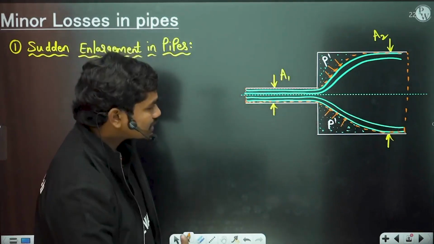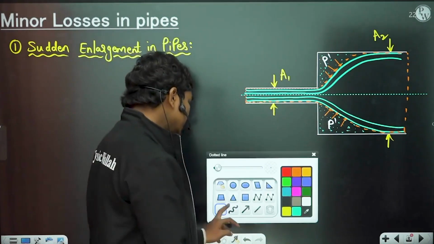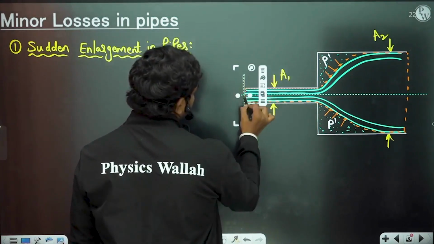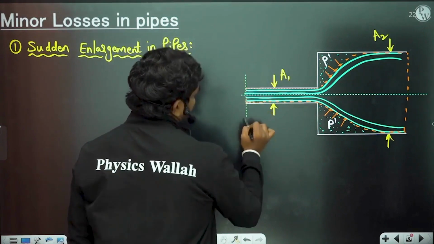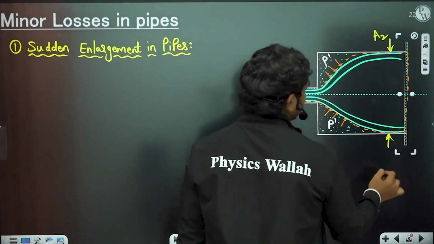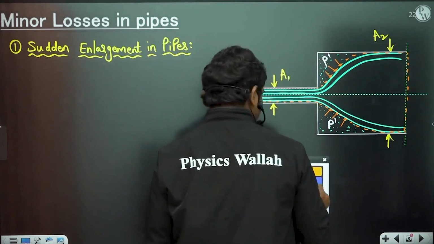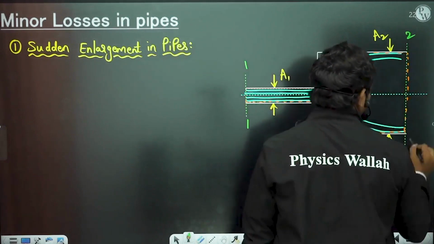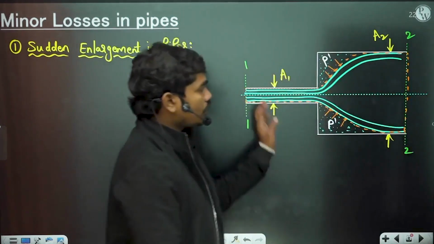Okay, now if this is my control volume, let us suppose this section is 1 and this section is 2. So 1 and 2.